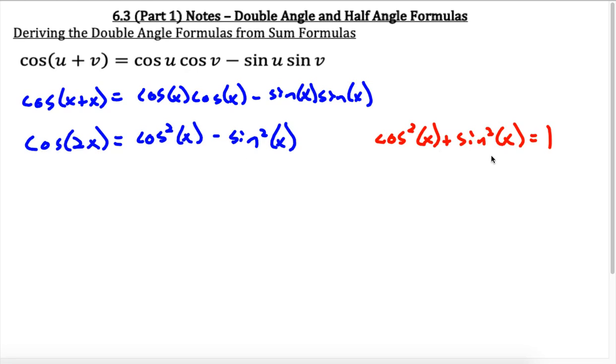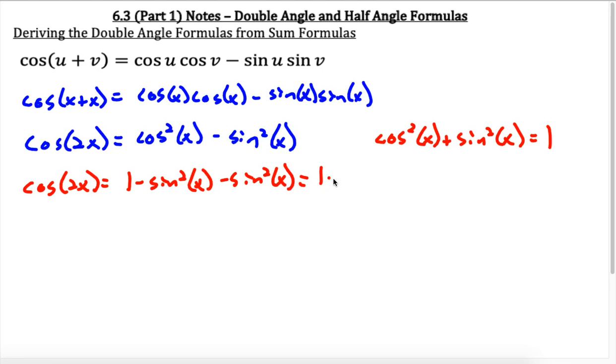If I were to take this, I could say that this is 1 minus sine squared, and then minus sine squared again. So that could just be 1 minus 2 sine squared.